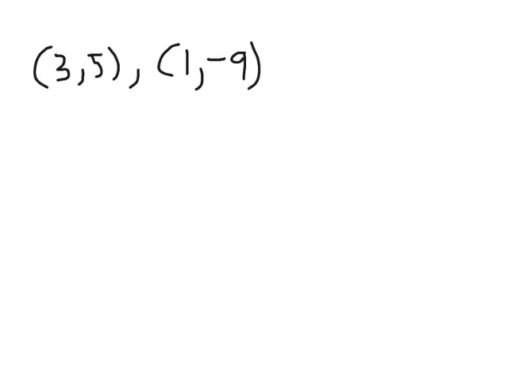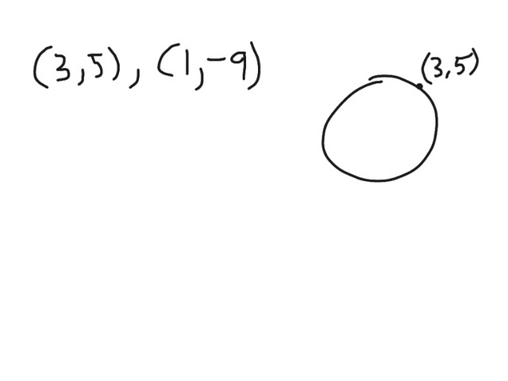And those 2 points lie on the diameter of a circle. What I mean is I have a circle here, and I've got 1 point that's (3, 5), so it might be right here. And then I've got another point here, which is (1, −9), and that forms the diameter of my circle. Not drawn to scale, it doesn't really need to be.